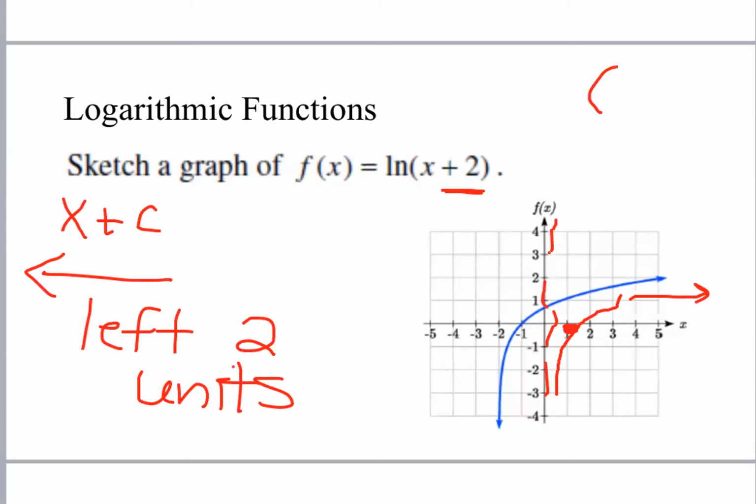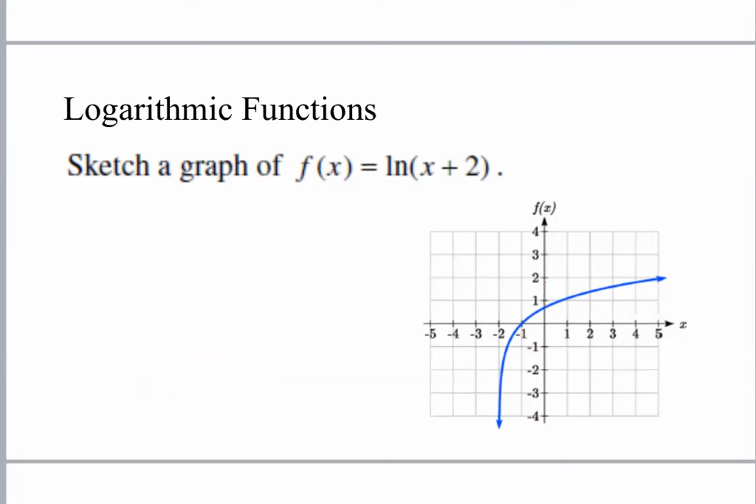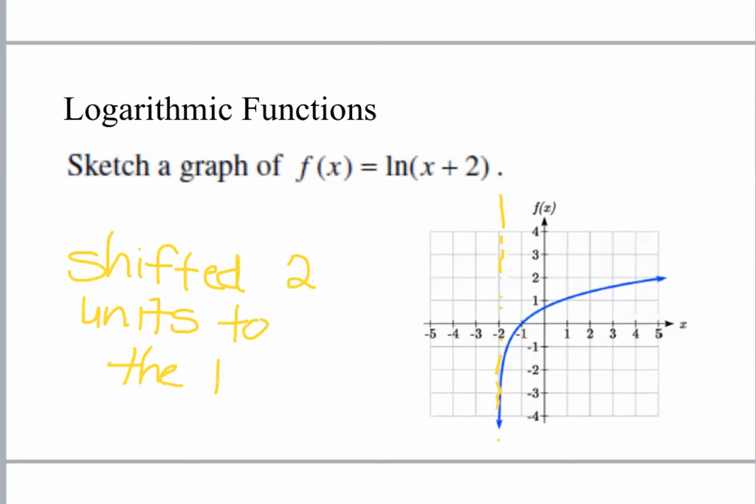Before, it was going through (1, 0) and had that vertical asymptote. Now we're going to shift that, and this is now our vertical asymptote, and that point here gets shifted 2 over to there. So we are left with this one, which is shifted 2 units to the left. Use that vertical asymptote as a nice frame of reference.